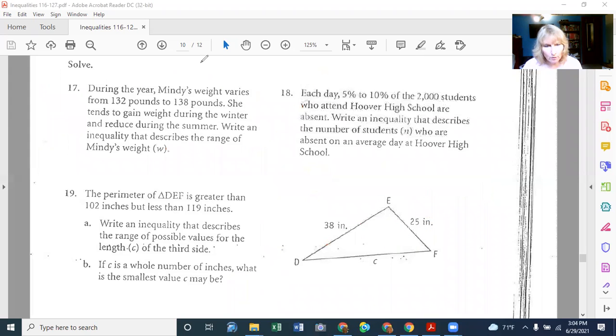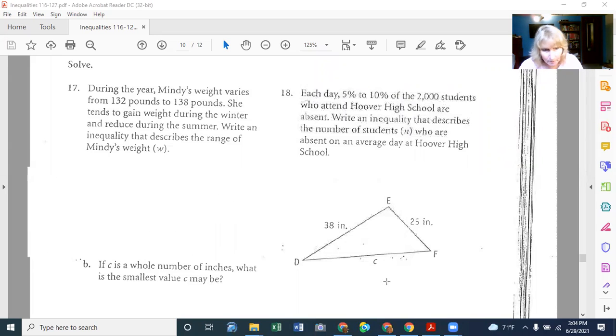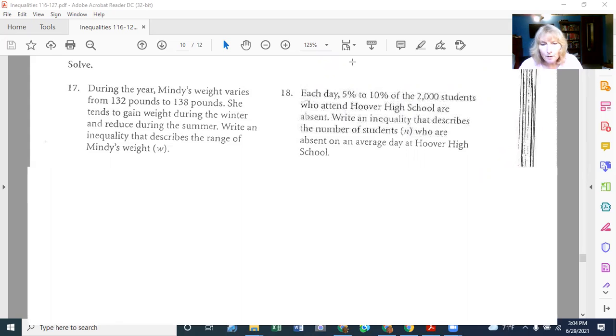Okay, and then I just wanted to look at 18. I'm not going to solve this one for you, but I'm going to show you how to set it up. Each day, 5% to 10% of the 2,000 students who attend Hoover High School are absent. Write an inequality that describes the number of students, N, who are absent on an average day. So we get the lower parameter, which is 5% of 2,000, or 0.05 times 2,000.